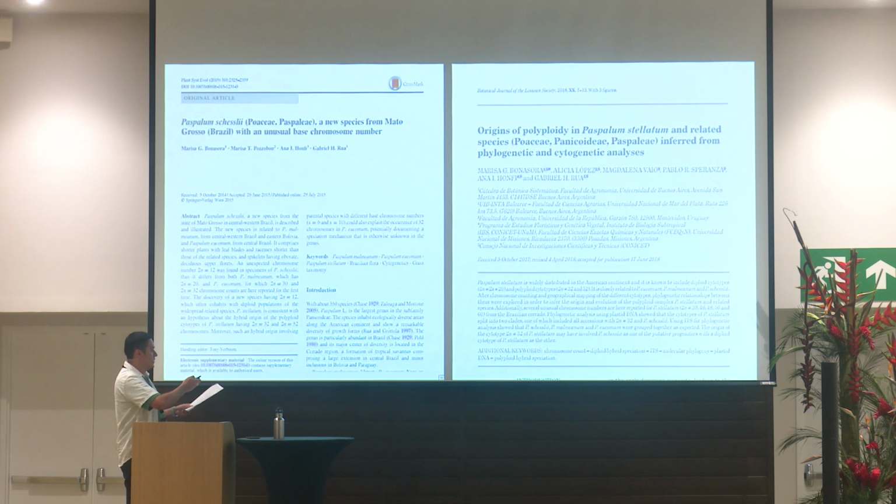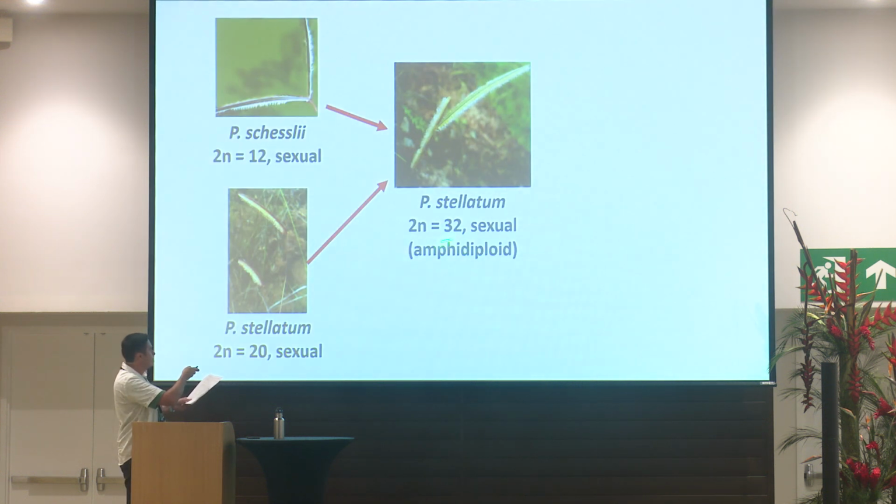In fact, Bonasora and co-workers in 2015 proposed that the 32 cytotype is an allopolyploid resulting from a hybridization event between the diploid Paspalum stellatum with 20 chromosomes and Paspalum chaseanum with 12 chromosomes, and it generated the 32 cytotype that behaves as a sexual amphidiploid.